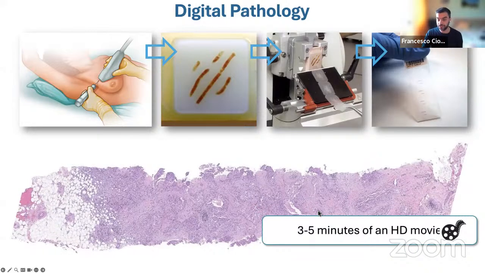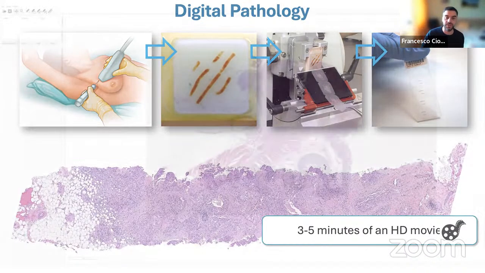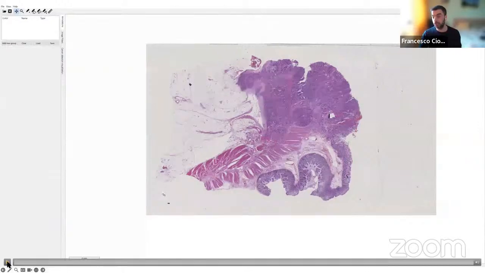So this tiny fraction of tissue, which is about 1 millimeter thick and probably about a centimeter long, is 3 to 5 minutes of an HD movie in terms of pixels. And if you go to the full tumor resection, it can actually be almost an entire movie or half a movie.